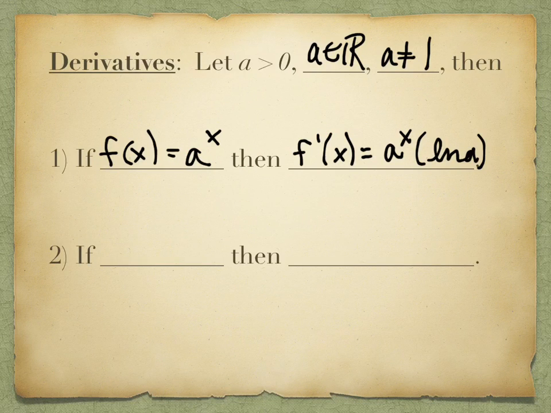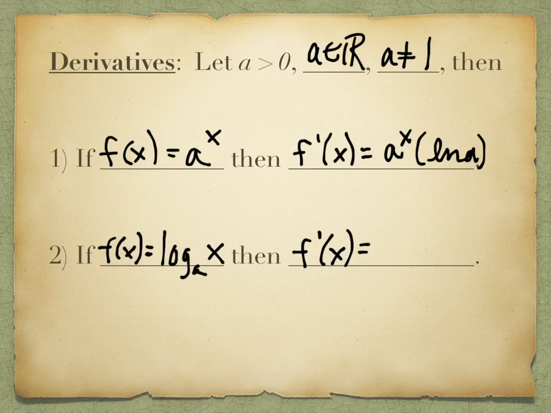We have one more. We have the derivative for the log. So if we have f of x equals log base a of x, then the derivative, f prime of x, equals 1 over x. That's part of it, right? Because the derivative of natural log of x is 1 over x.